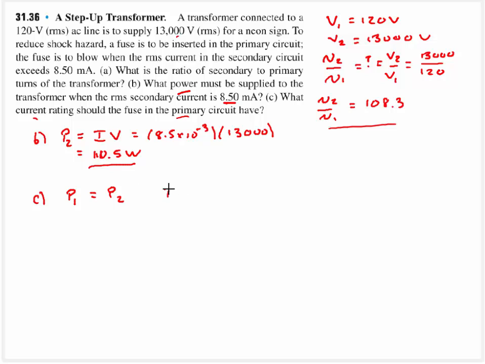So we can use the same equation to say that the limiting current in the primary is going to be equal to P1, which is equal to P2, divided by the primary voltage, so 110.5 watts divided by 120 volts, and we're going to end up with 0.92 amps.